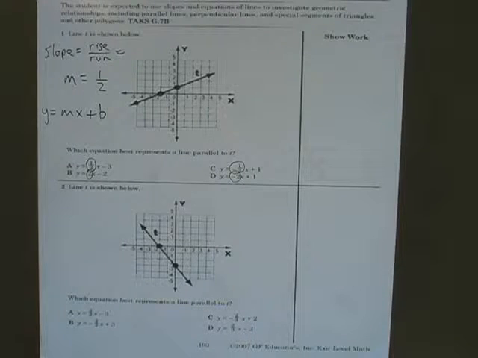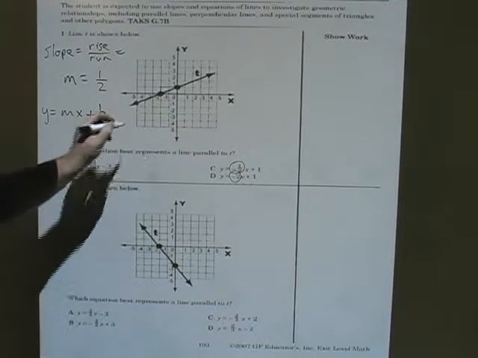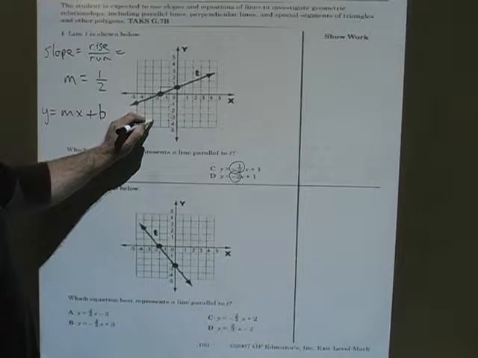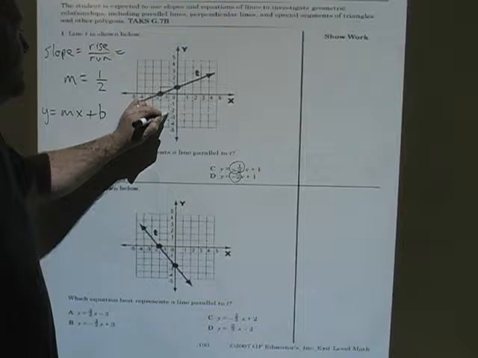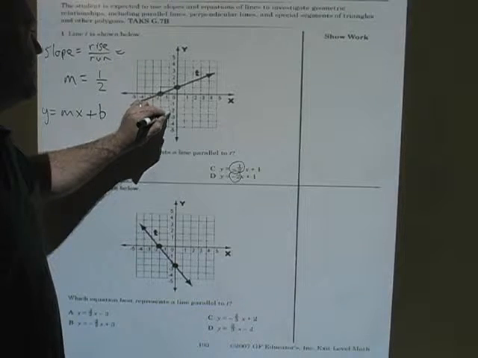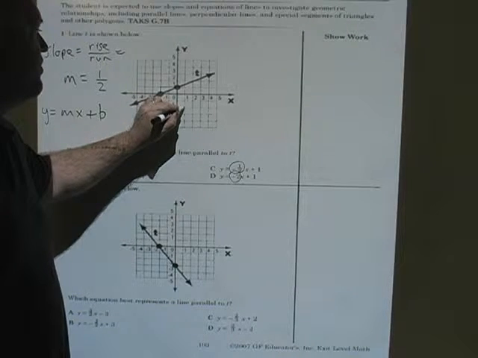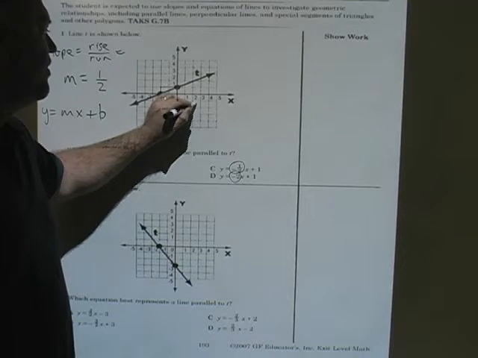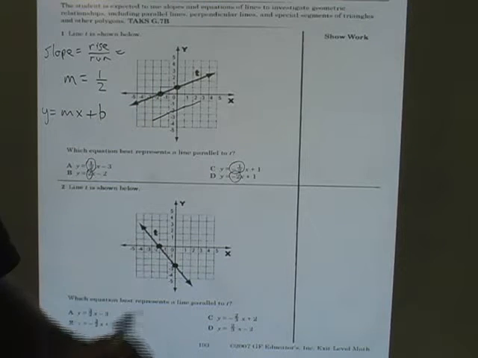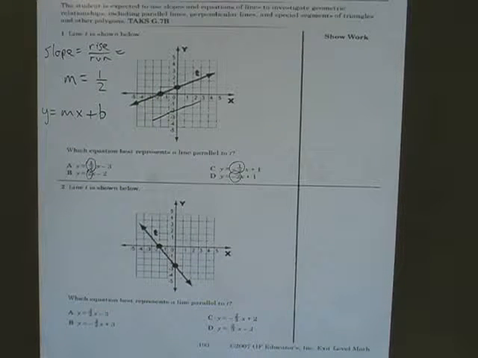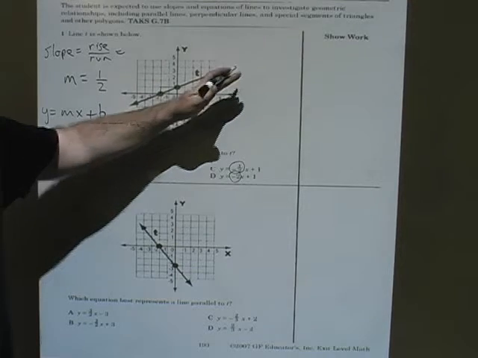Okay, it's very important to understand that, because when we talk about parallel lines, remember a parallel line is going to look like this. Those two lines are parallel. And the way you can check to see if two lines are parallel is to see if they have the same slope.